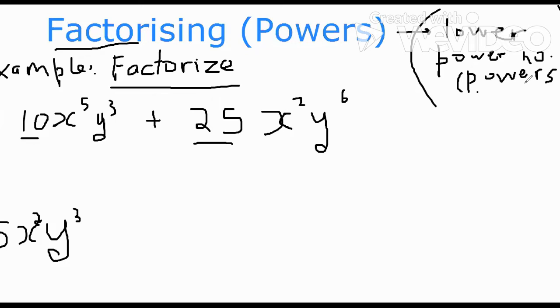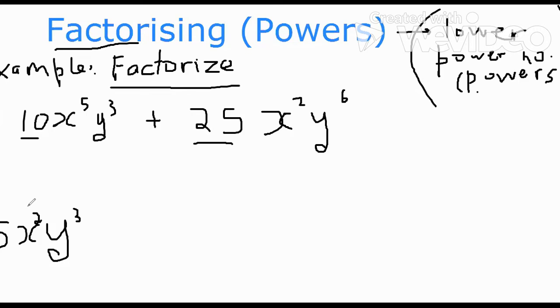Please make a note of that. So you compare x^5 with x^2, and x^2 is the lower power number, so it's going to be the factor.